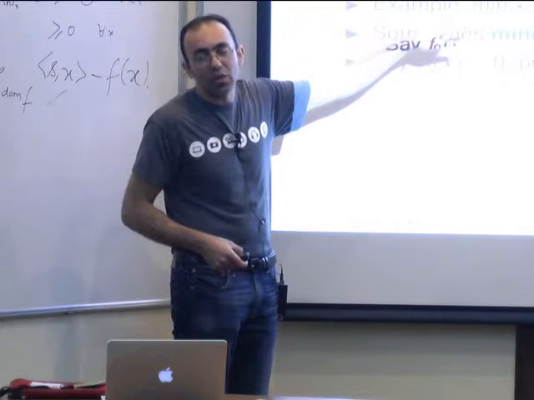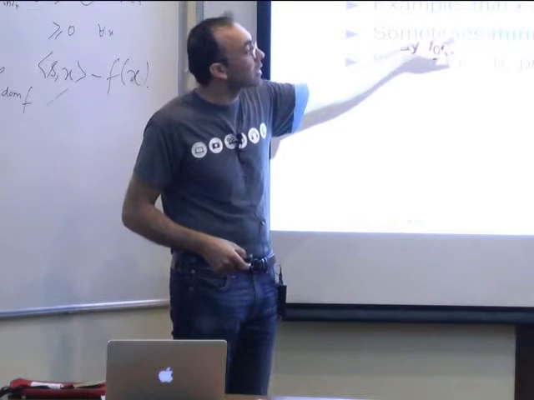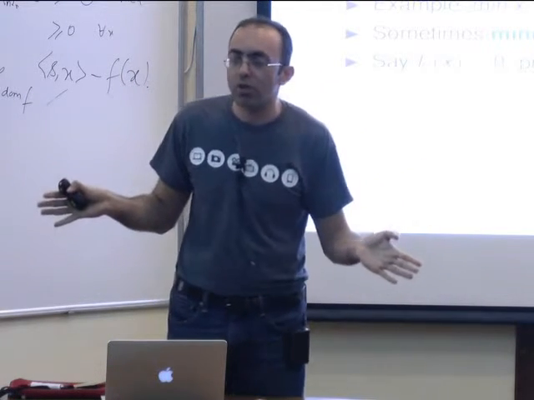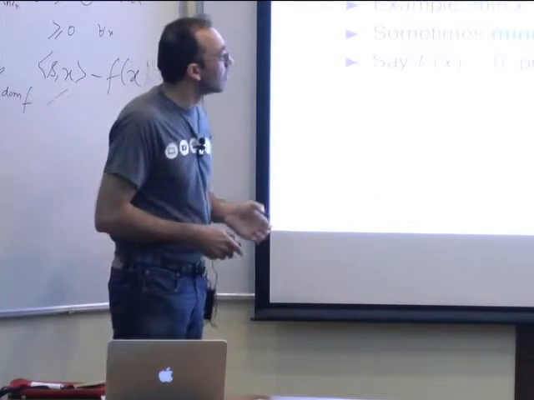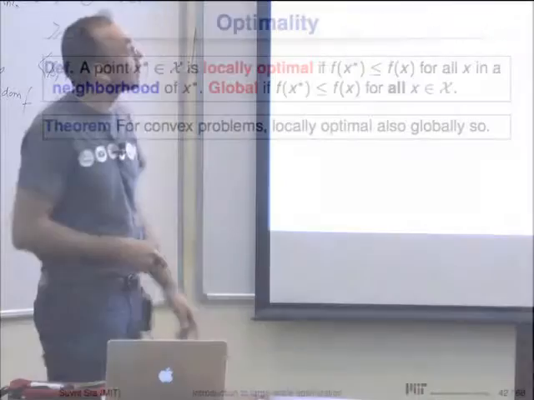There is no actual vector or scalar x that actually attains the solution. For example, if you're trying to minimize x, there is no solution to that problem, right? It's unbounded below. So sometimes the minimum might not exist. One has to think about it.